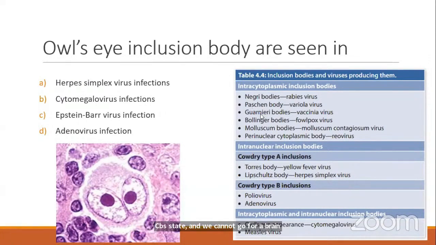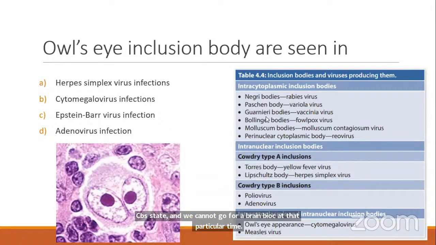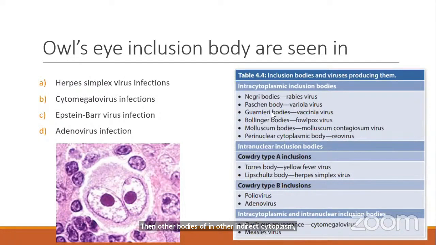Other intracytoplasmic inclusion bodies include Paschen body, which is seen in variola virus, then Guarnieri bodies in vaccinia. I can give you a clue for another: Bollinger body, which is usually seen in fowlpox virus. It's also a repeatedly asked question. You can remember it as a foul ball, a ball which is thrown as a foul.